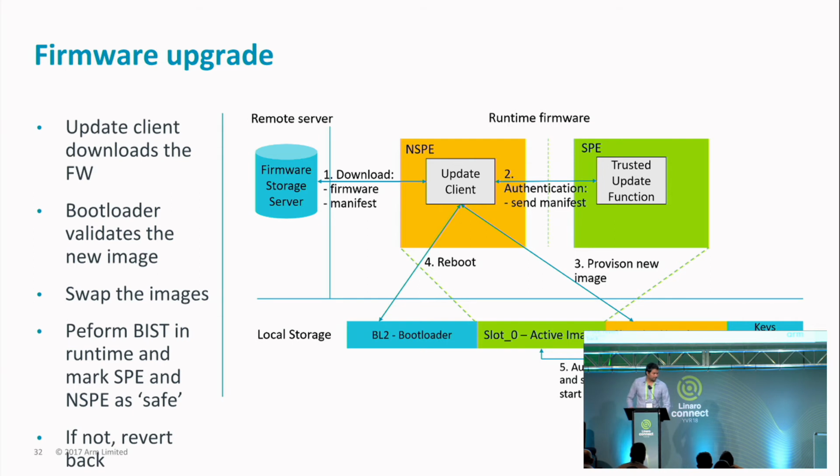This has multiple aspects. There is a non-secure side aspect which can interact with the server to fetch the updated blob on the device. Now, it's possible to just fetch the new firmware from the cloud, put it on the flash directly in a different slot, and let the bootloader decide whether it's valid firmware or not.